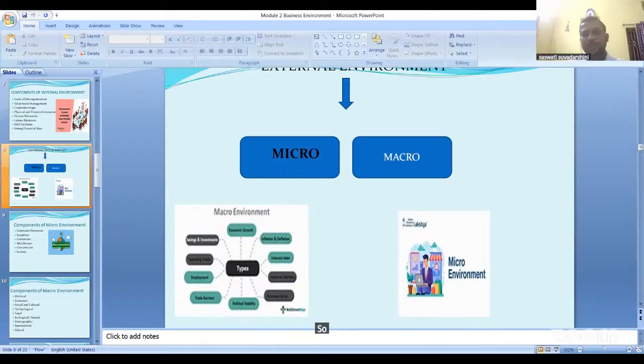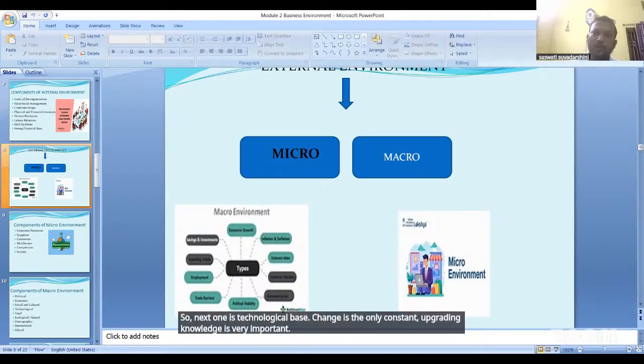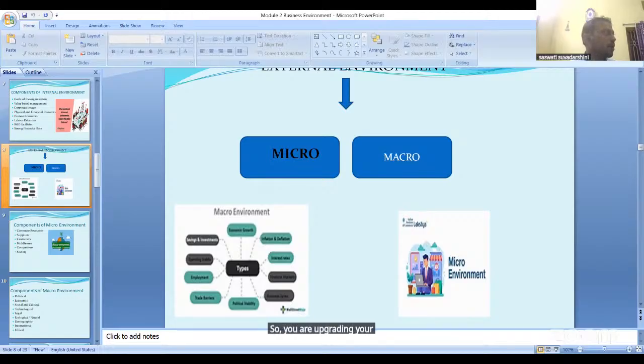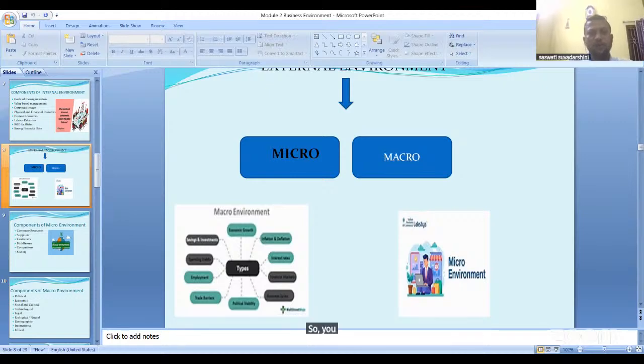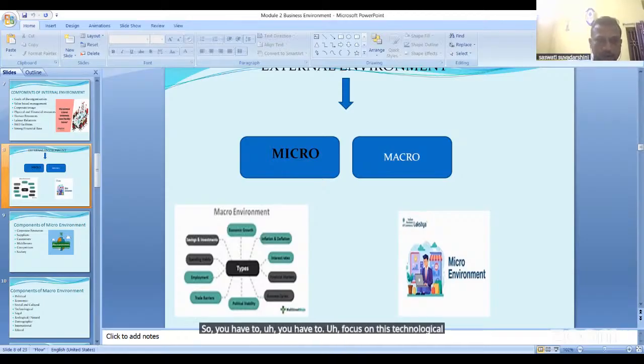So next one is the technological aspect. Change is the only constant. Upgrading knowledge is very important. You are upgrading your technology, upgrading your knowledge, focusing on the technological aspect. So technological change is highly essential, and you have to focus on it.